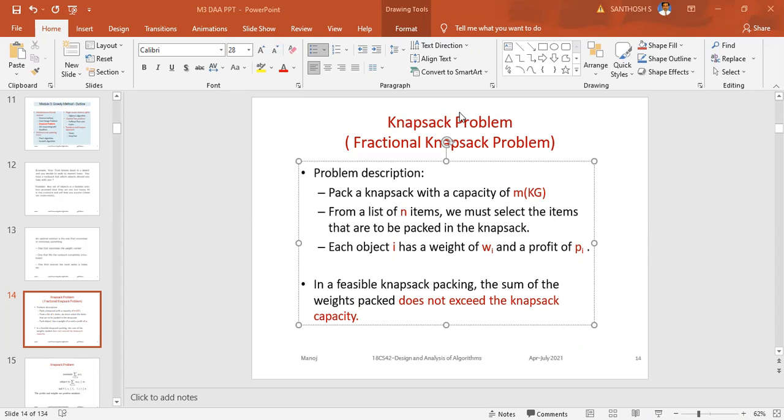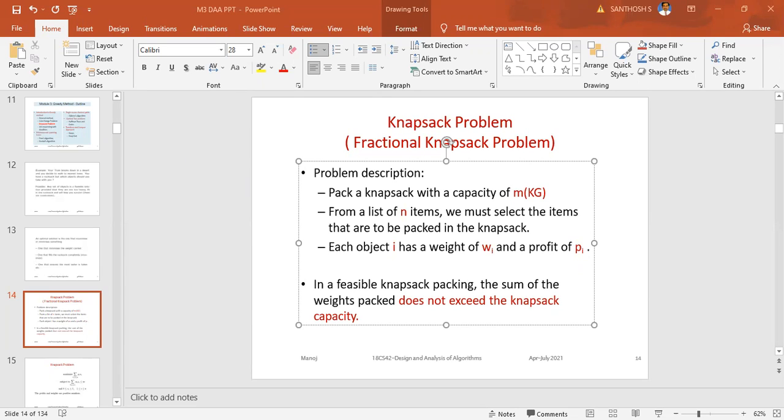Can anybody tell me: W1 plus W2 plus W3 should be less than or equal to M, yes or no? Is it correct?